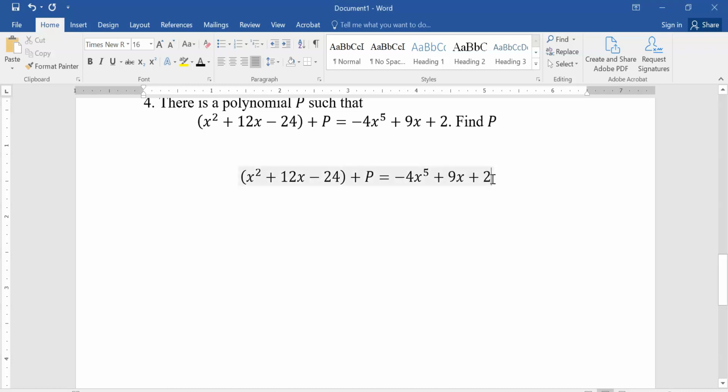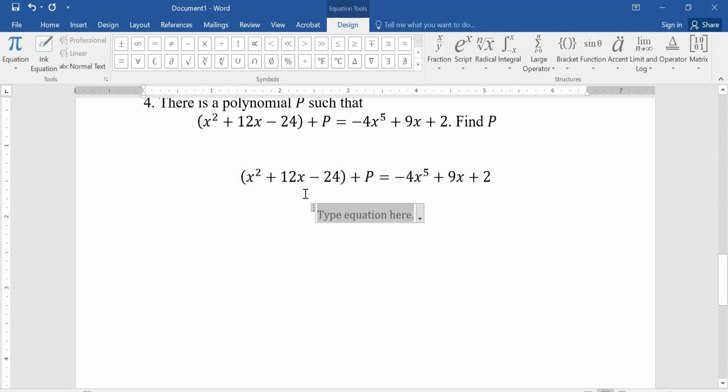So here's the deal. What's the thing we need to watch out for? Well, the thing we need to watch out for is that x squared and x to the fifth are not like terms. So when we start canceling things on the left-hand side, when you do a minus x squared, that does not combine with the x to the fifth. Now, when you subtract 12x from the left-hand side, that will combine with this 9x.